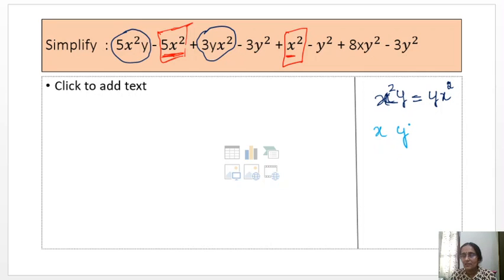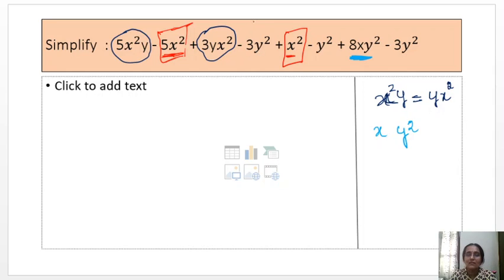I have shown two 3-dimensional models for these two terms. Yeah, it is entirely different. Xy square it is. Next, one more term we have to identify.